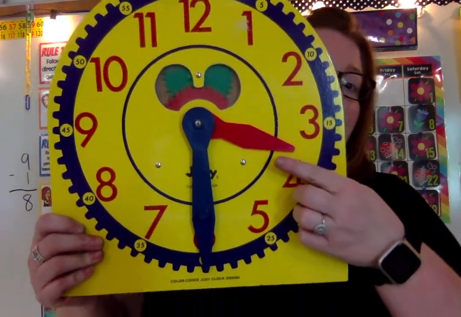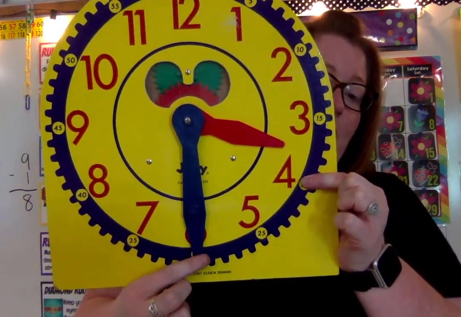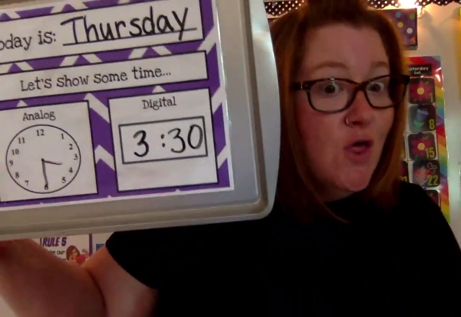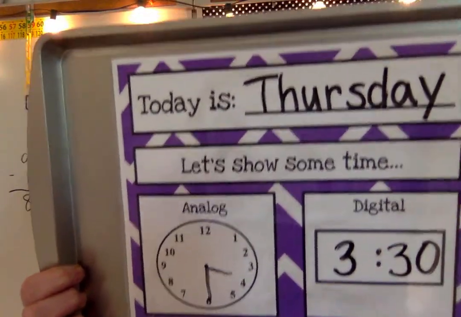Are you ready? Did you put your hour hand in between that 3 and 4? And your minute hand all the way down here at the 6 to show 3:30.